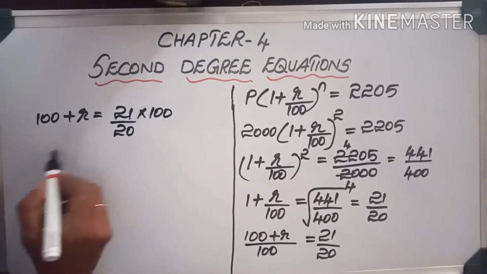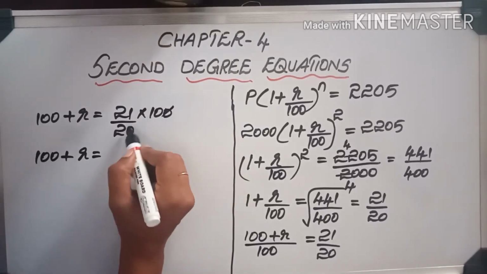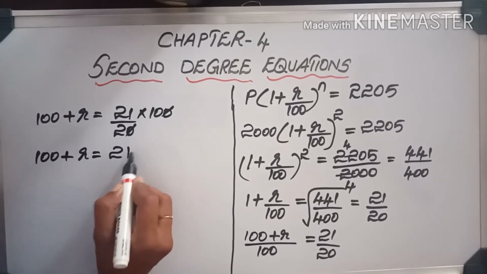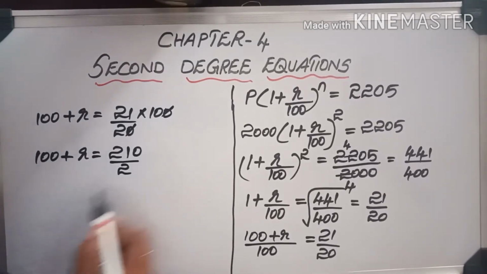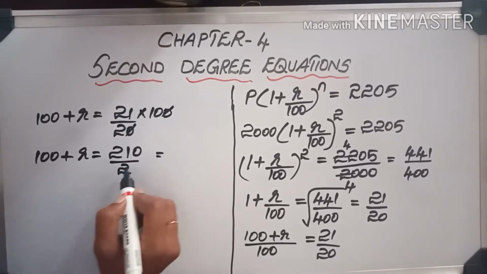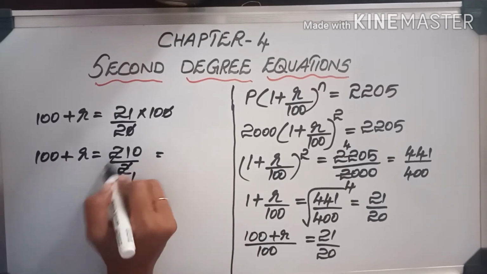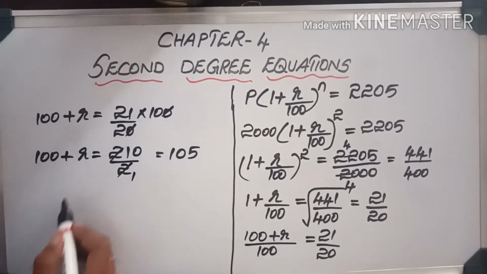The 0 and 0 we can cancel. So 21 into 10 is 210, 210 by 2, which is 105.